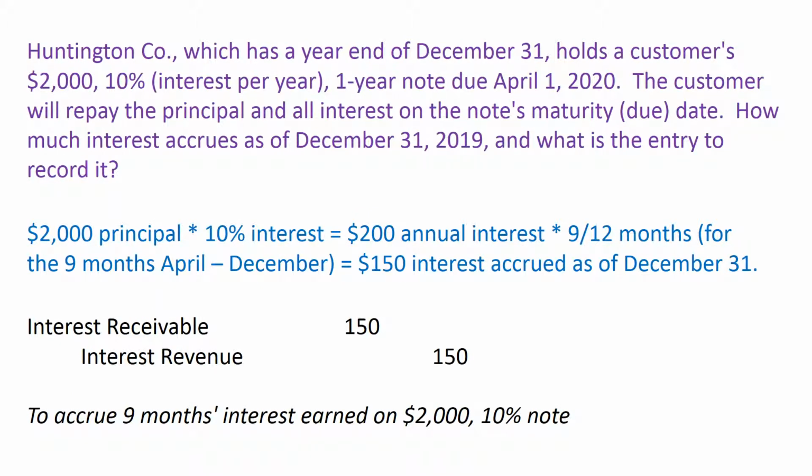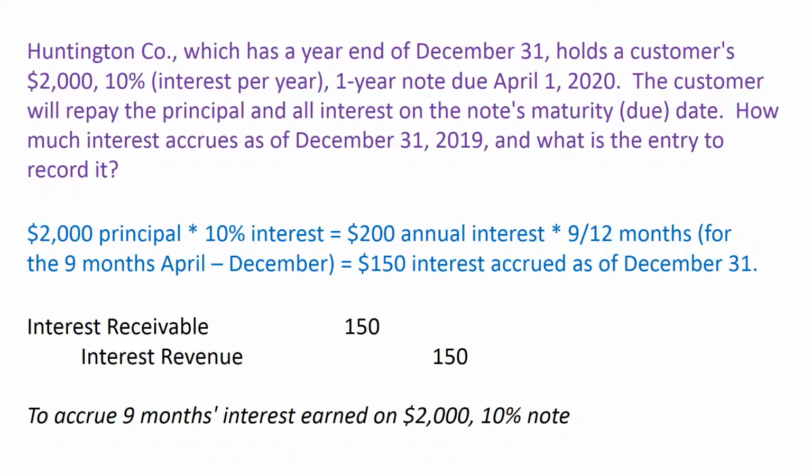Huntington Company, which has a year-end of December 31st, holds a customer's $2,000 10% interest per year, 1-year note due April 1st, 2020. The customer will repay the principal and all interest on the note's maturity date or due date. How much interest accrues as of December 31st, 2019, and what is the entry to record it?